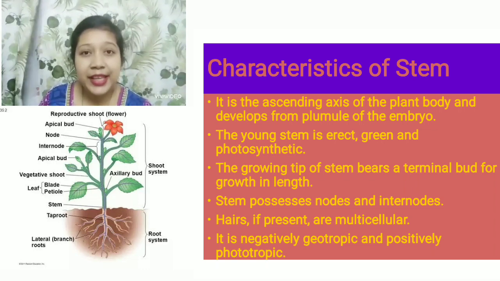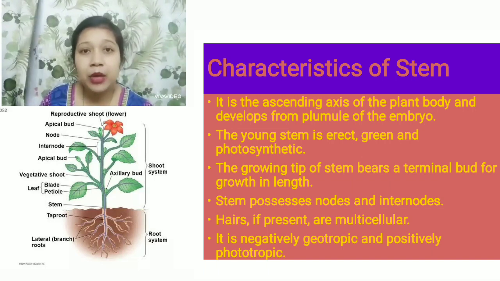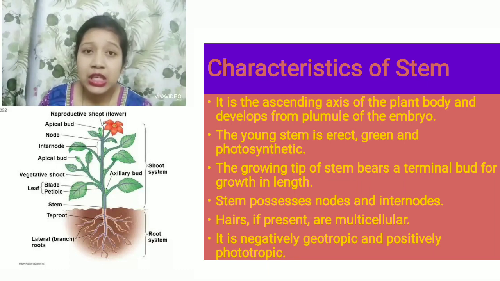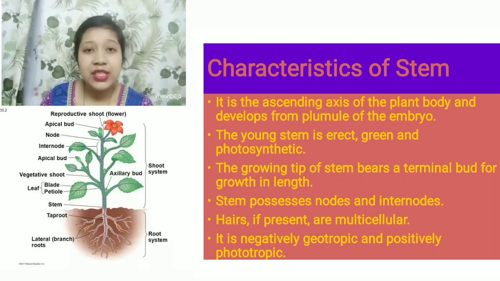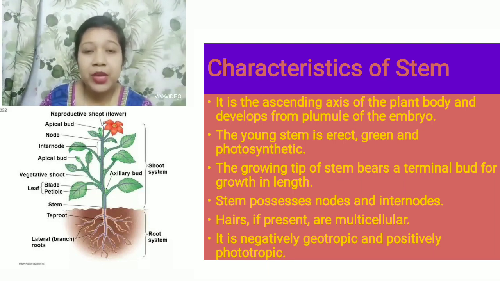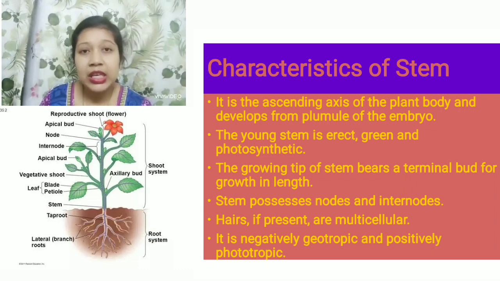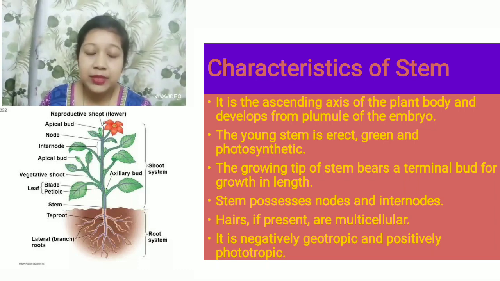Now let's come to the second characteristic. It is about the physical appearance of the stem. Now how do we see a stem to be? The stems we find in angiosperms or flowering plants may be of different types, which I'll discuss later. But generally, the stems are erect in their appearance.